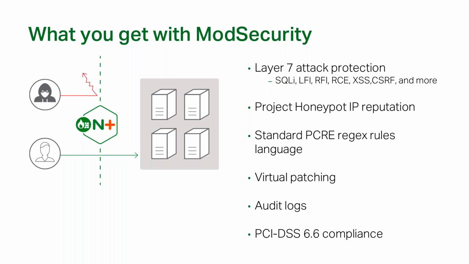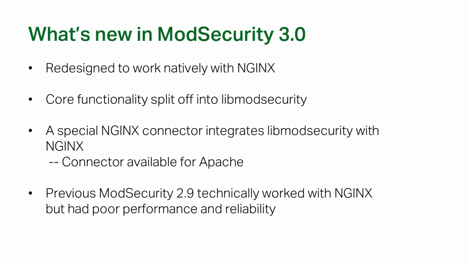Specifically, section 6.6 of the PCI DSS standard talks about the need to deploy a web application firewall as an alternative to conducting regular code security scans, to protect against common web vulnerabilities.